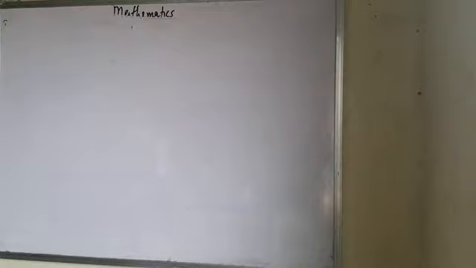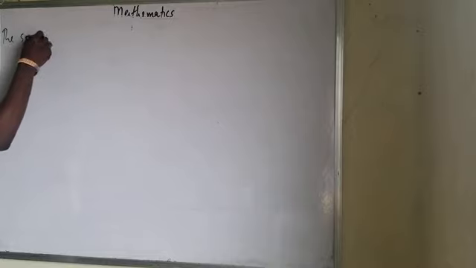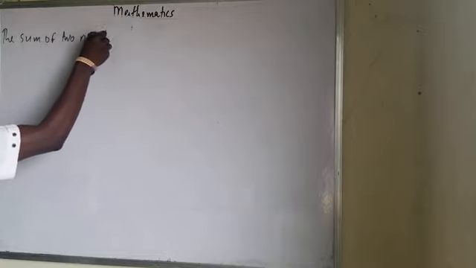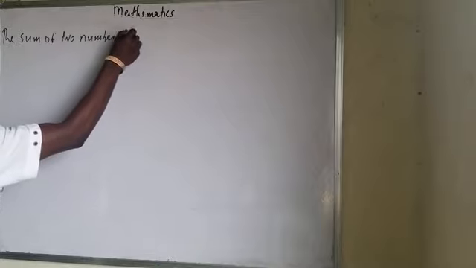Okay, look at this. The sum of two numbers is 32.